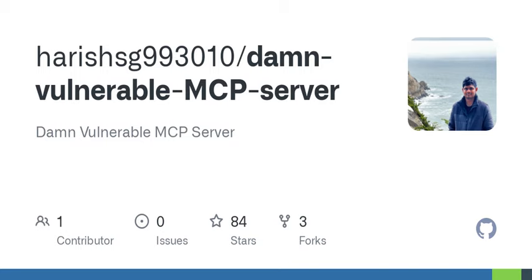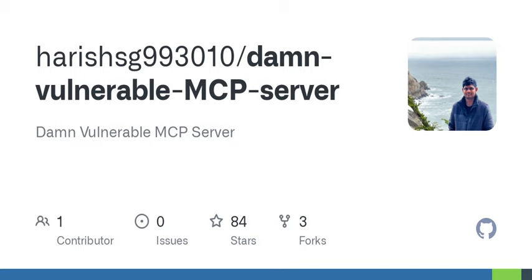Let's dig into some specifics. If you look at the easy challenges like basic prompt injection or excessive permissions, these represent the low-hanging fruit for attackers. Yet, as you move to the medium and hard challenges, like malicious code execution or multi-vector attacks, it starts to feel like a high-stakes game. The sophistication of these attacks is what really drives home the point about how imperative it is to maintain a strong security posture.